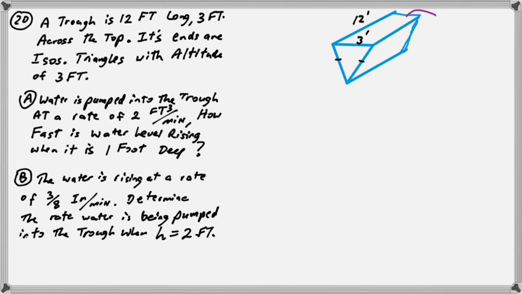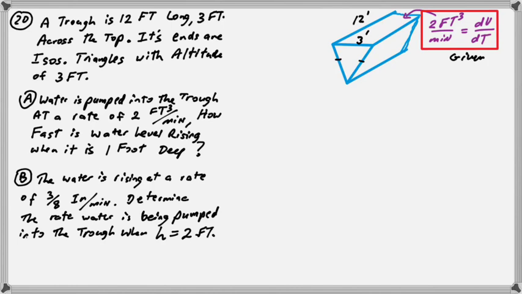Now, part A says water is flowing into this tank or trough at 2 cubic feet per minute. Cubic feet is a measure of volume. It's a rate, so it's the derivative of volume, and that's given as dV/dt. What are they asking us to find?